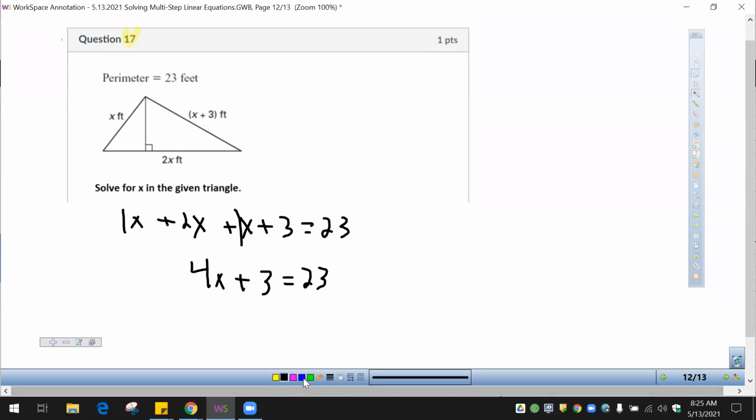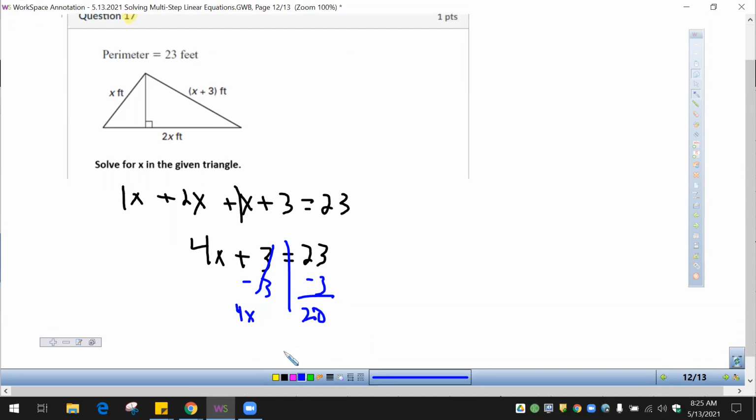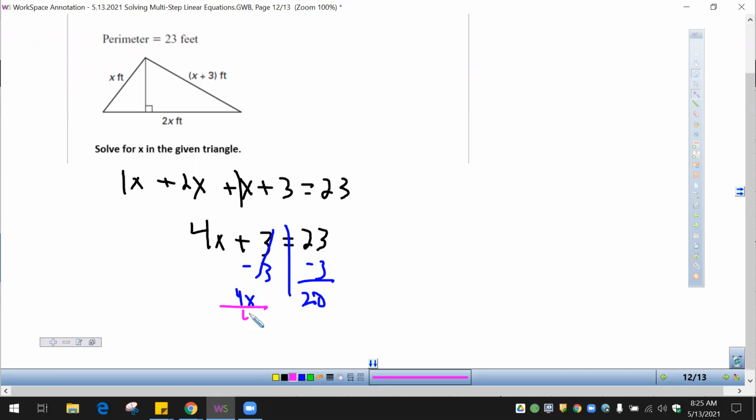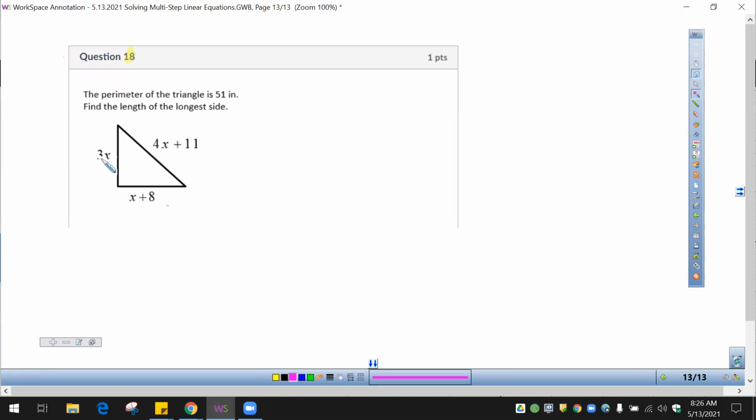And then you just solve the equation. You do -3, -3. And you get 4x is equal to 20. And then you divide by 4. So x is equal to 5.